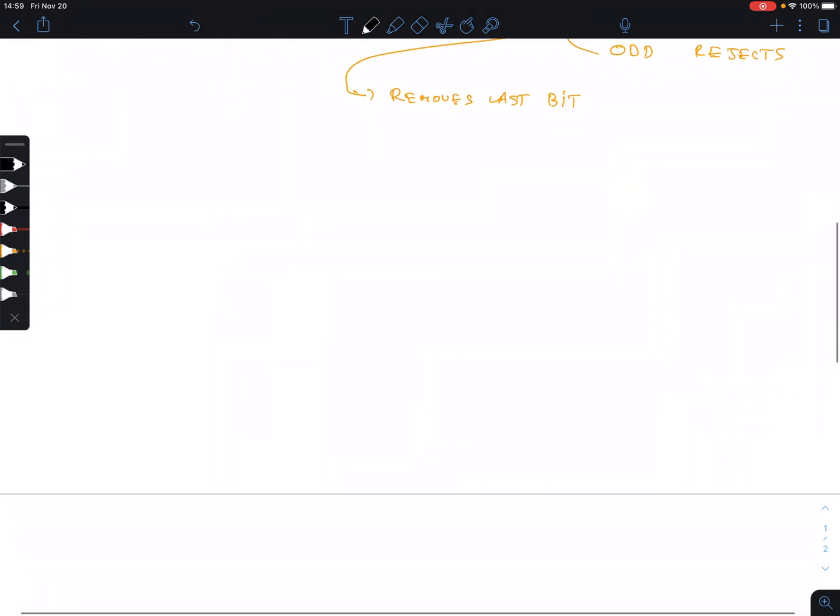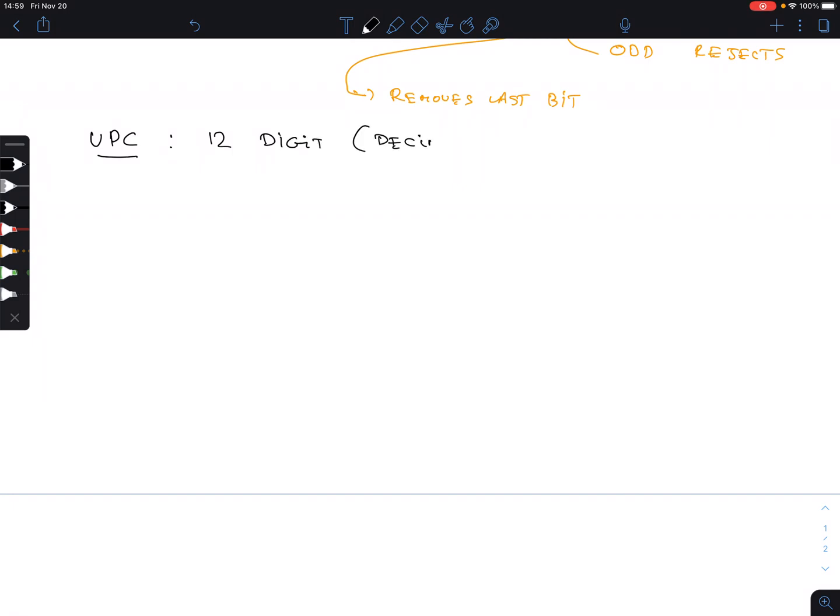So let's go to the UPC code. A UPC code is 12 decimal digits. It's a decimal number.